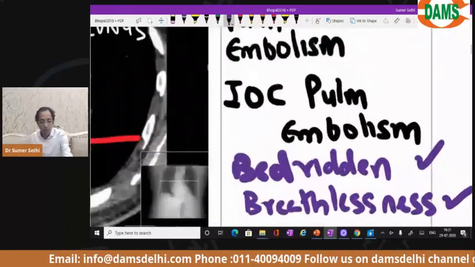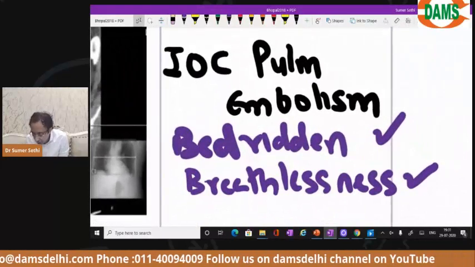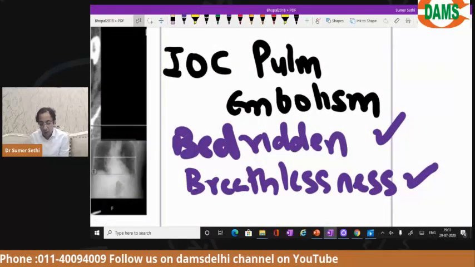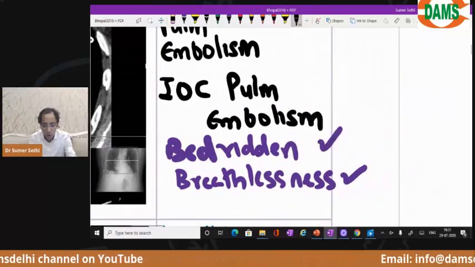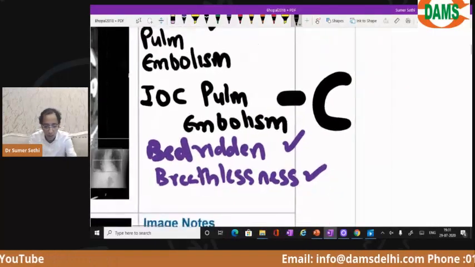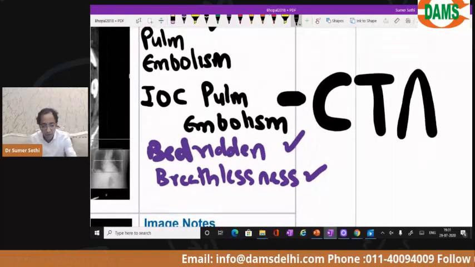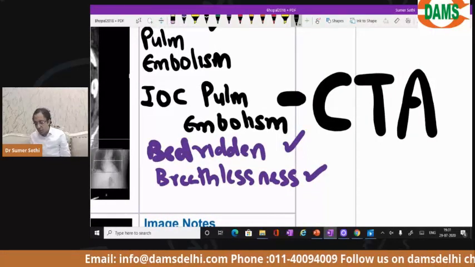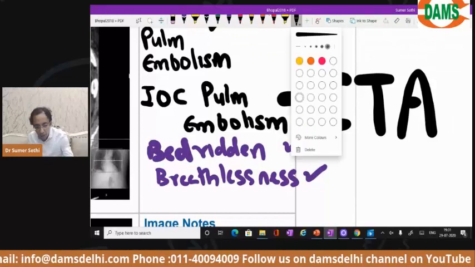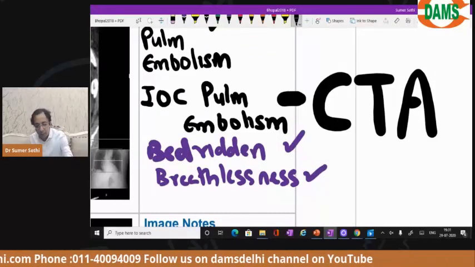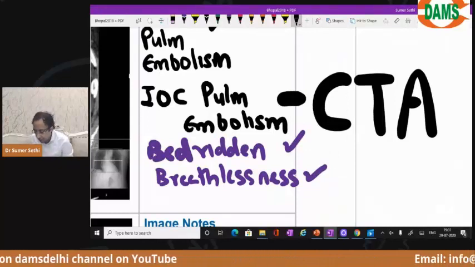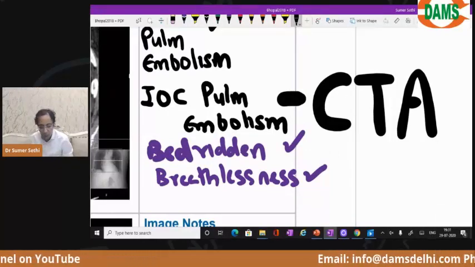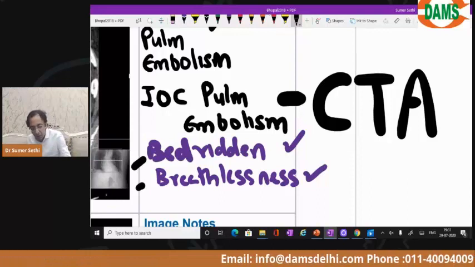If you have a bedridden patient with sudden onset breathlessness, the investigation of choice here will be CT angiography. Did you notice? This was a CT angiogram where we were trying to optimize the study, the timing to look at the pulmonary artery. Are you clear?